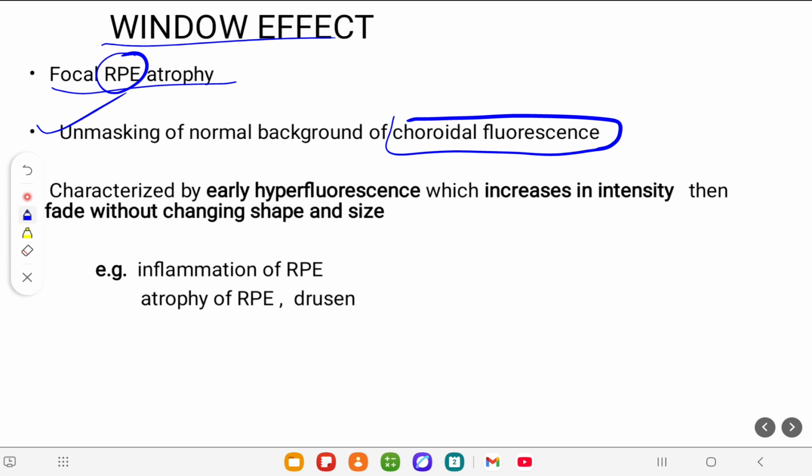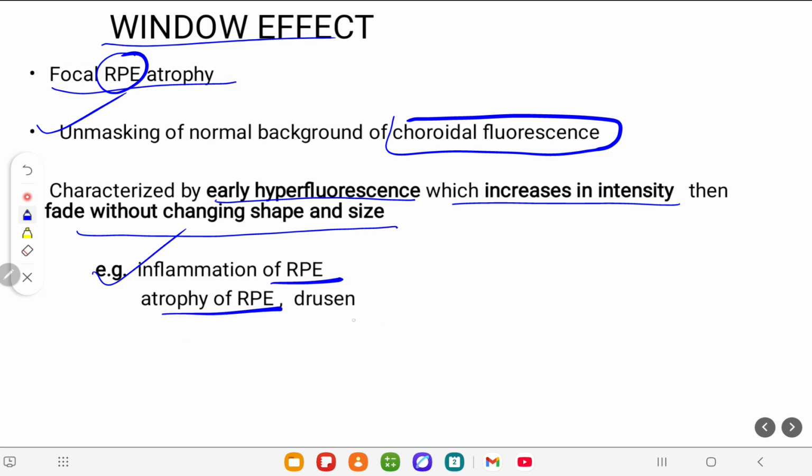So it is characterized by early hyperfluorescence which increases in intensity and then fades without changing the shape or size. That's very characteristic of window defect, and you commonly see window defect in inflammation of the RPE, atrophy of the RPE, and drusen. So these are the three conditions where you'll see window defect clearly.